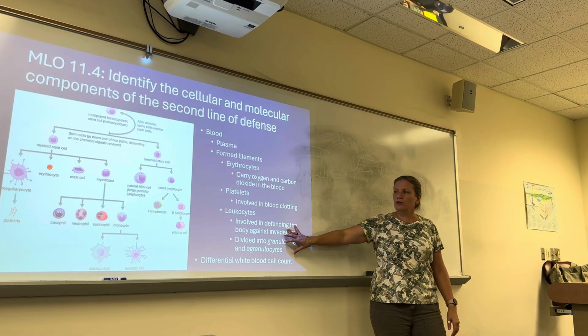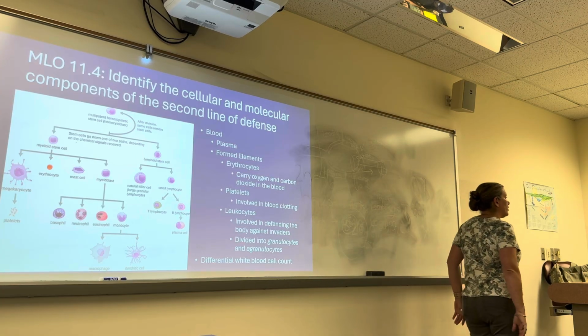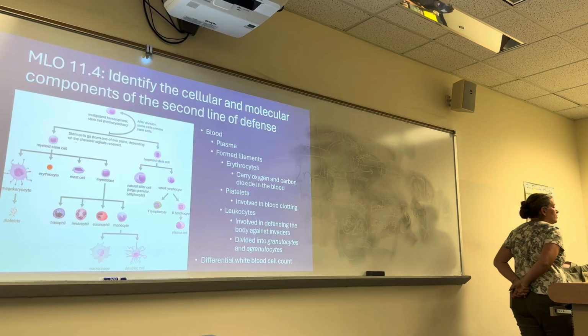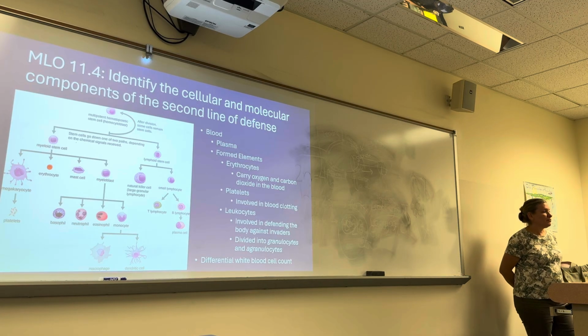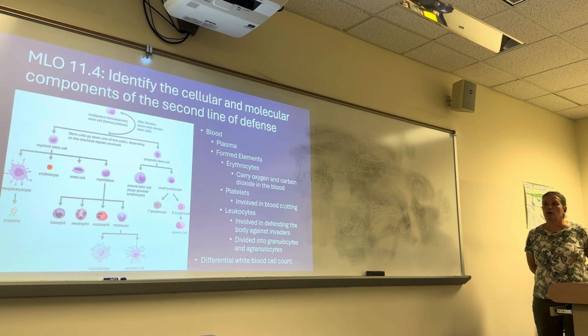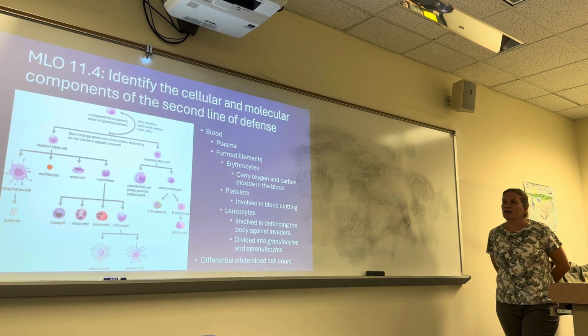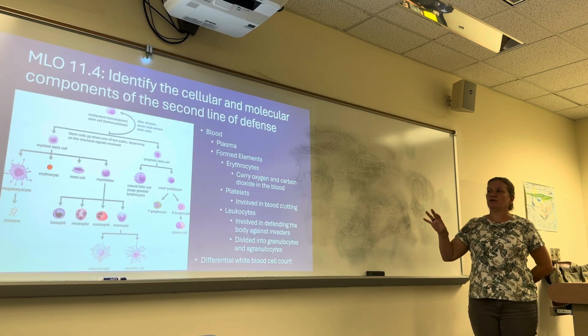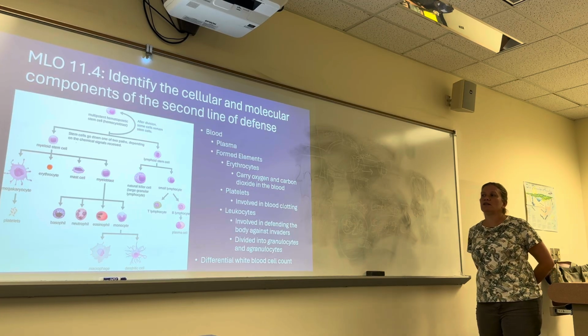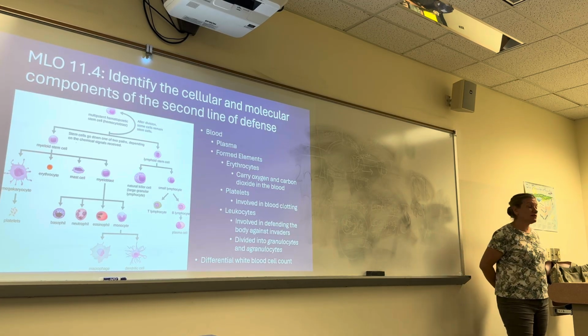And then we have our leukocytes. The leukocytes are our white blood cells. The leukocytes are divided into granulocytes and agranulocytes. Okay, and so we're going to go through those as far as what's what. But the leukocytes definitely are involved in the immune response.